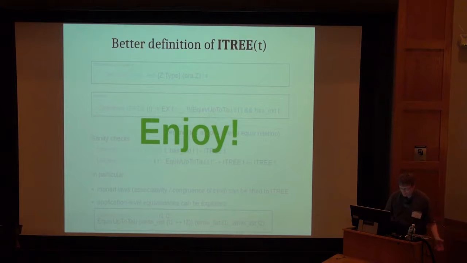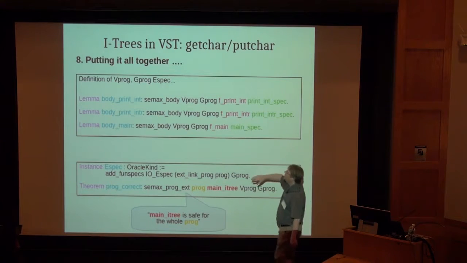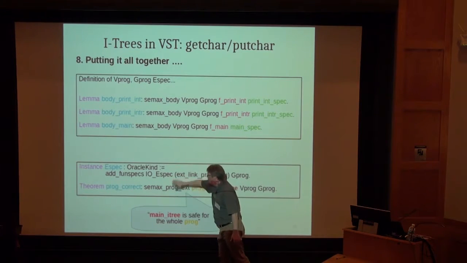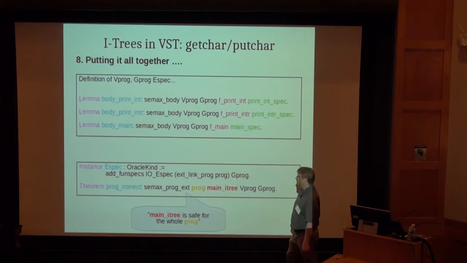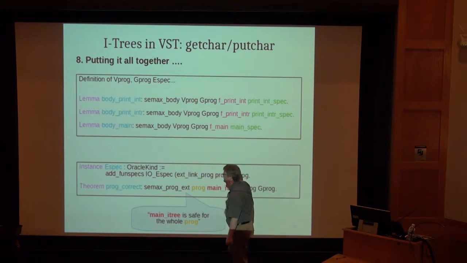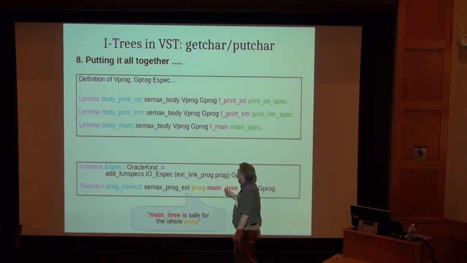All right, so character I/O is now almost solved. These are the lemmas that we verified, and we've still got a little bit to do for the top level cleanup to really tie everything together with these external specs that Andrew mentioned yesterday, and then we have an overall theorem that the program satisfies this I-tree.